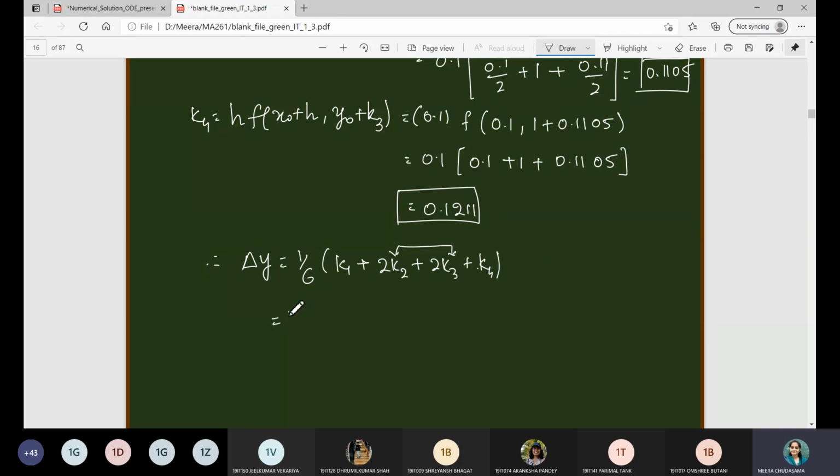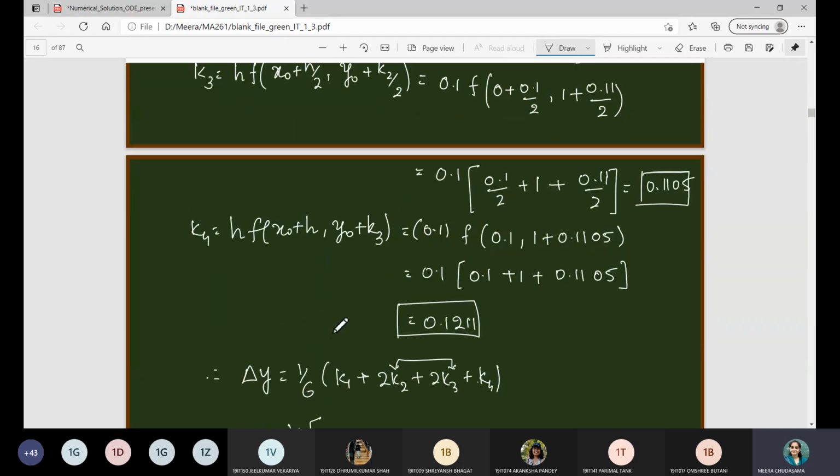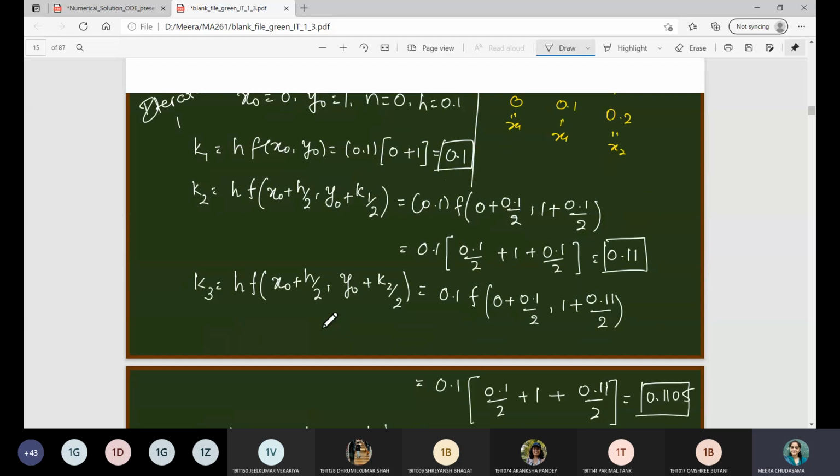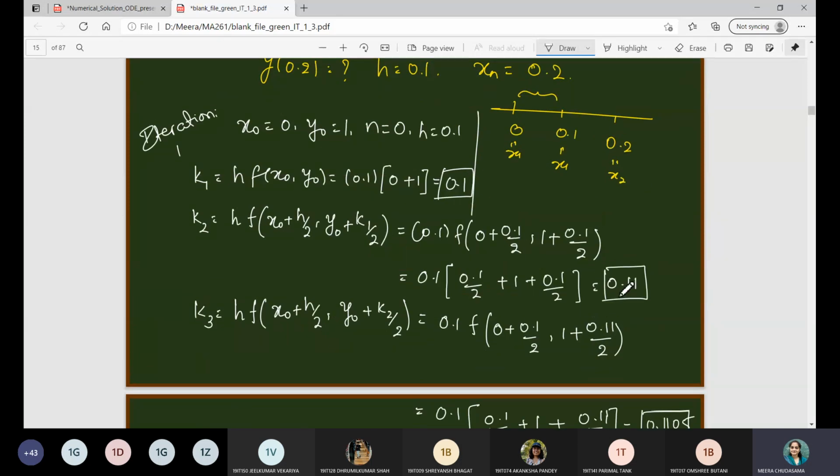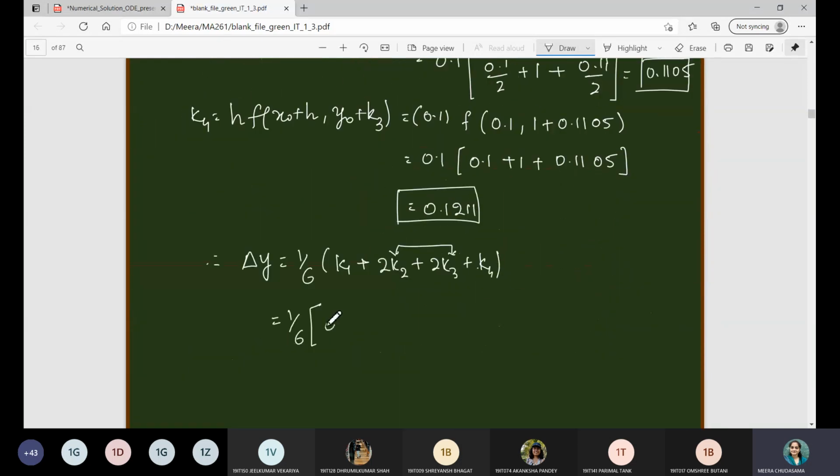So let us substitute all these values. K1 we have obtained, that is the first one, 0.1, then 2 into 0.11, 2 into K3 which we obtained, 0.1105, and K4 is 0.1211.